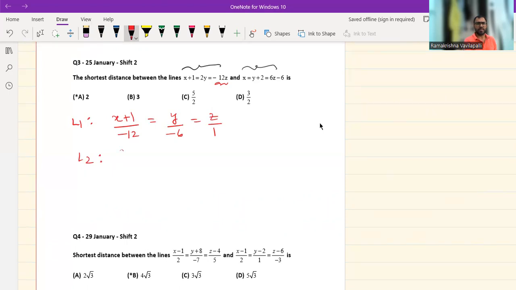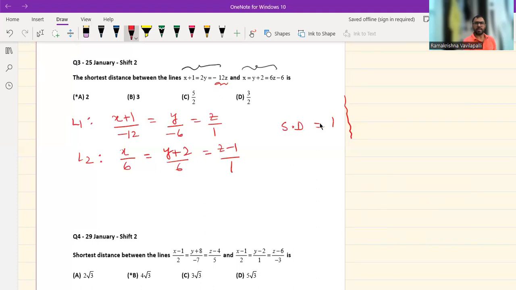X by 6, that is x minus 0, equal to y plus 2 by 6 equal to z minus 1 whole by 1. Now you just write that shortest distance equal to, I'm just writing it in determinant form. See here, the first point is minus 1, 0, 0. Second point is 0, minus 2, 1.